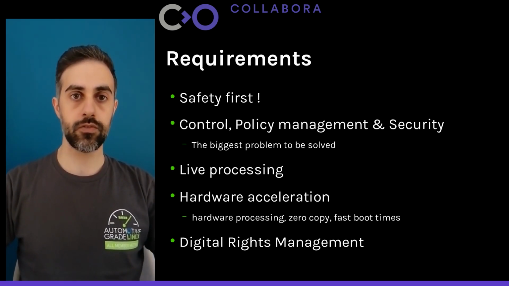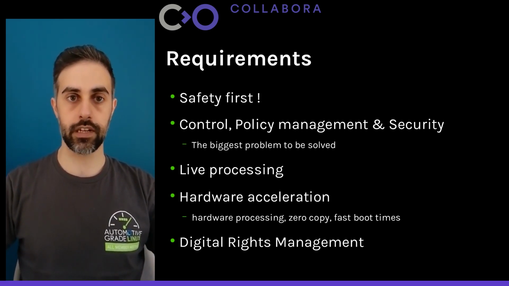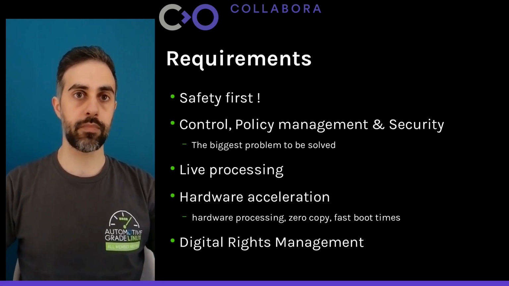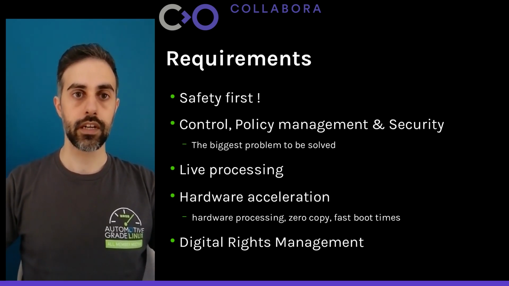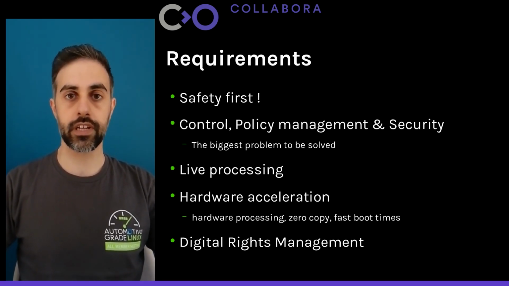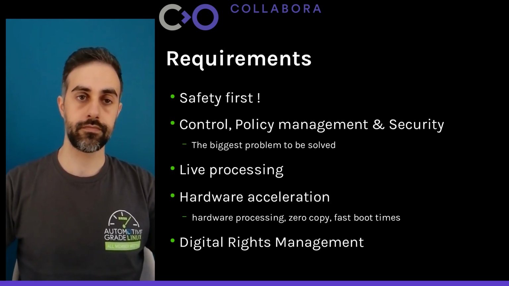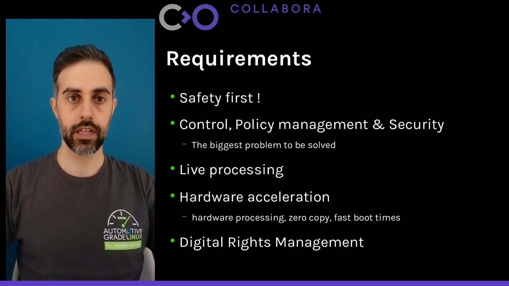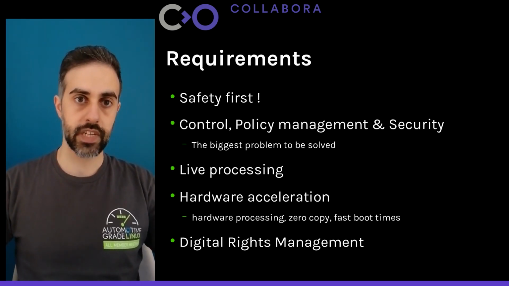All of these need to be controlled centrally, and they need to be secured so that nothing malicious can happen. No malicious application can take control of something or do something that is not intended.